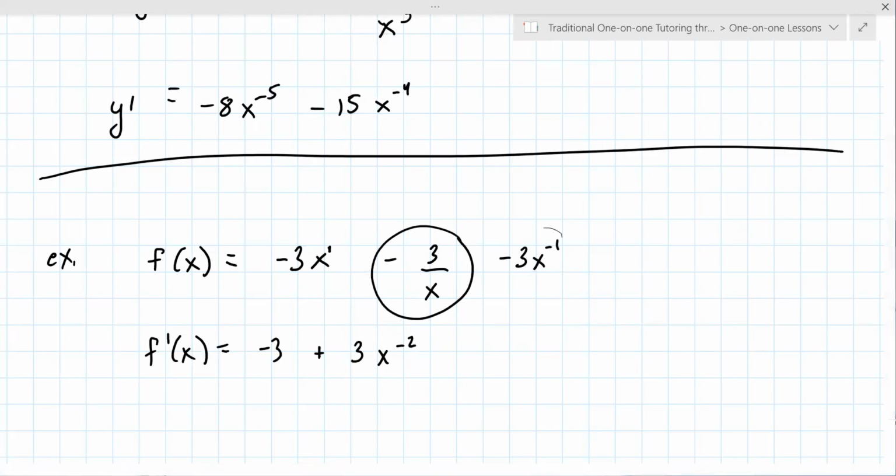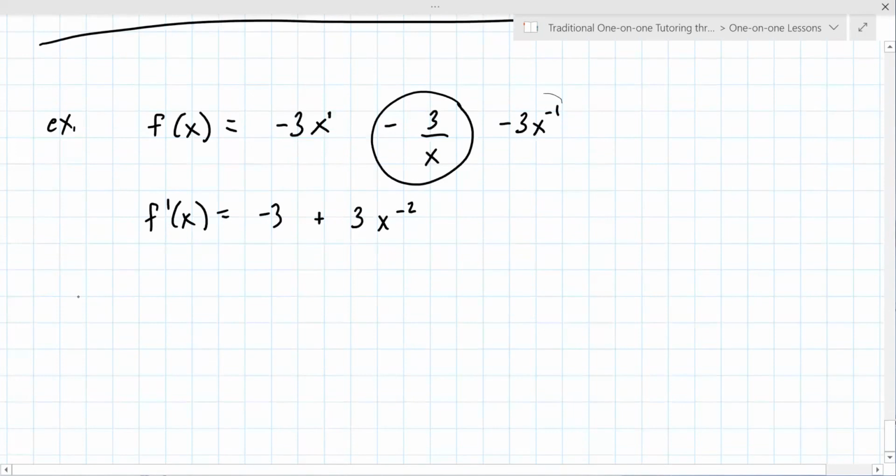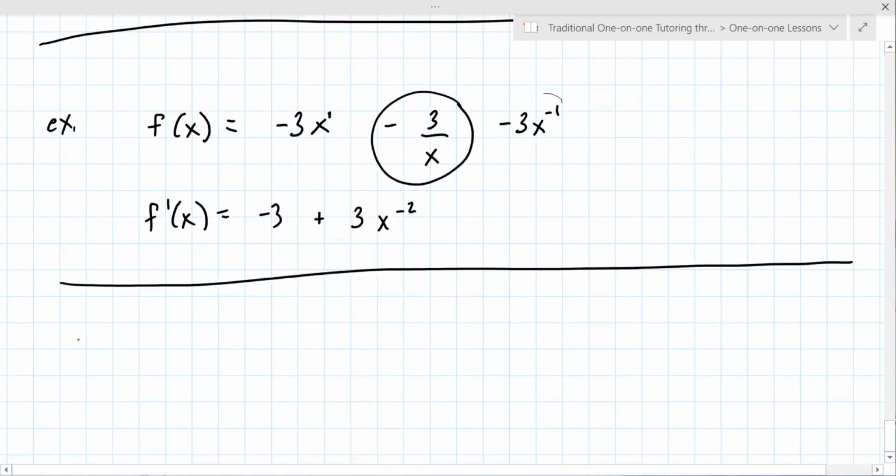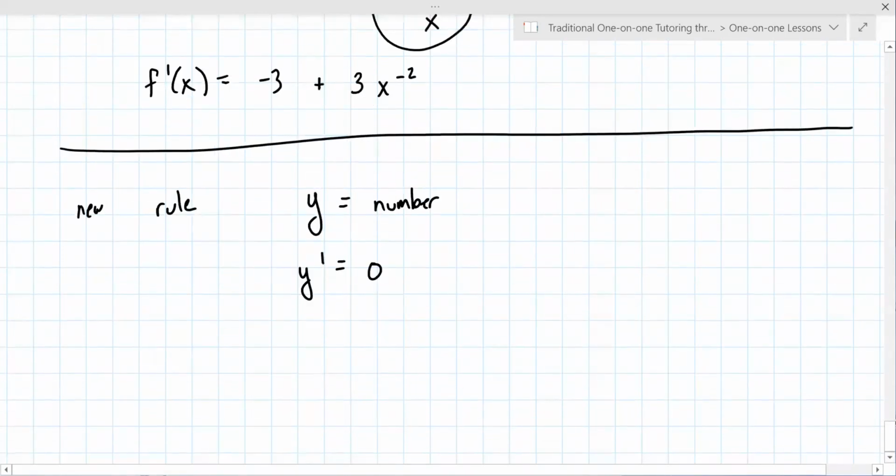All right, so now here's a new rule, and this gets confusing, but we'll try not to make it so. If y equals a number, the derivative is 0. So let's say y equals 5, y prime equals 0.